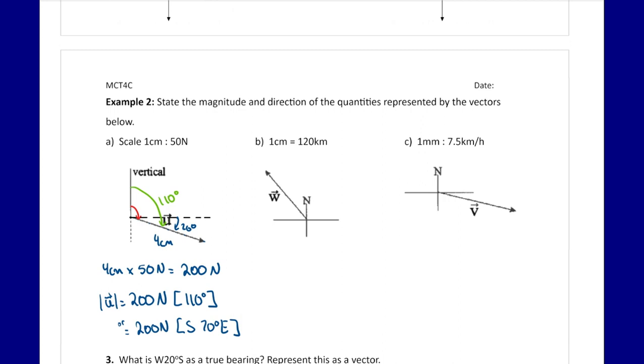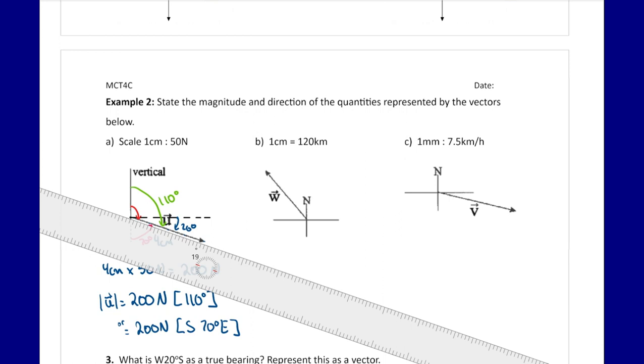Because if I know that it's east 20 degrees south, then the opposite from here would have to be 70 degrees. So different ways you can name it. You could say east 20 degrees south if you wanted to as well, or just stick to the true bearing.